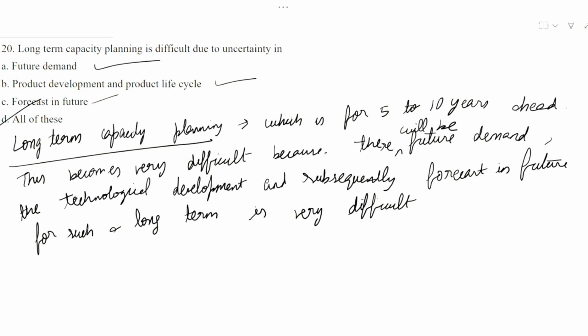These are the main topics for this particular session. Also we discussed one question on assembly line, how we balance the assembly line. We found the ideal number of workstations. We found out the idle time, which was cycle time minus the station time. So that was a very important numerical.